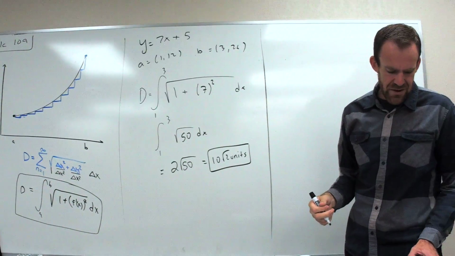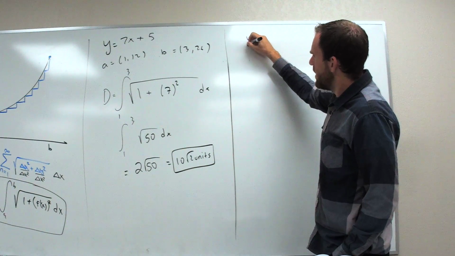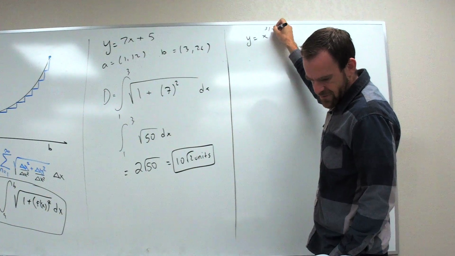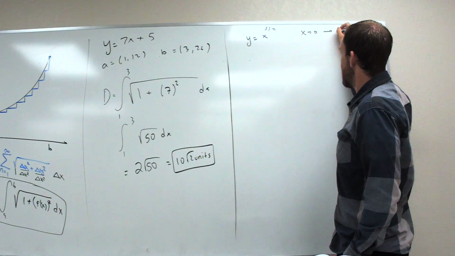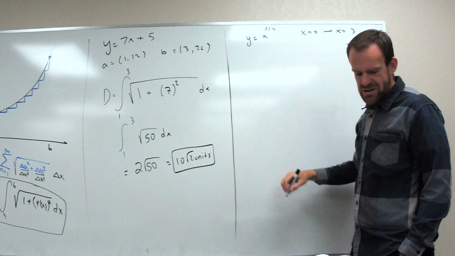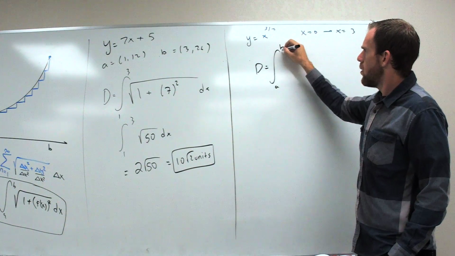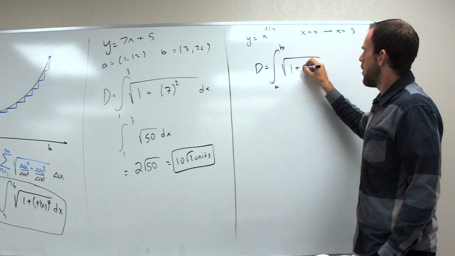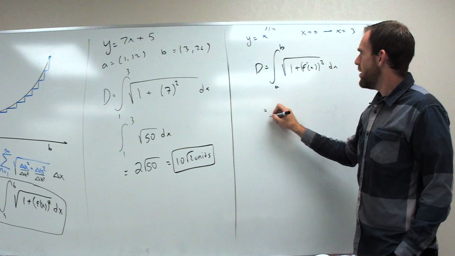So let's take one that we could not do so. We're going to find the length of the curve y equals x to the 3/2 from x equals 0 to x equals 3. First step, write your equation. Plug in.